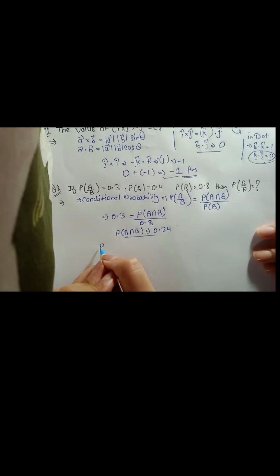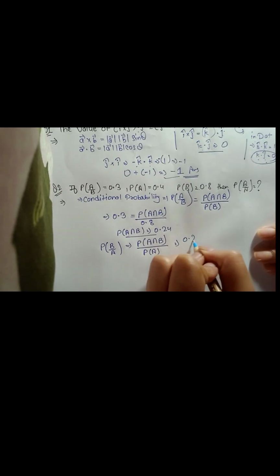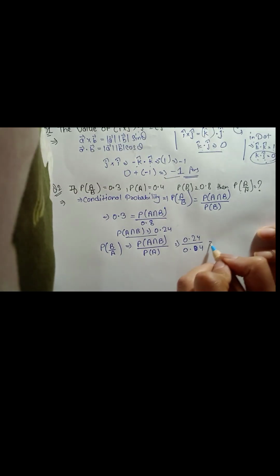Now probability of B given A is probability of A intersection B by probability of A, which is 0.24 divided by 0.4. So the answer will be 0.6.